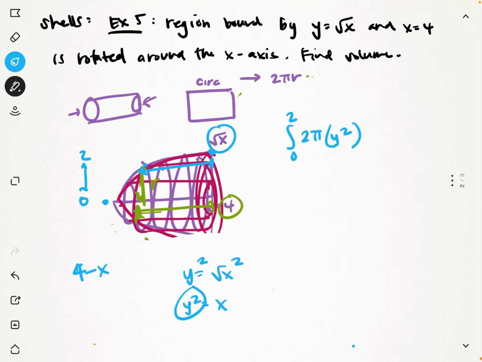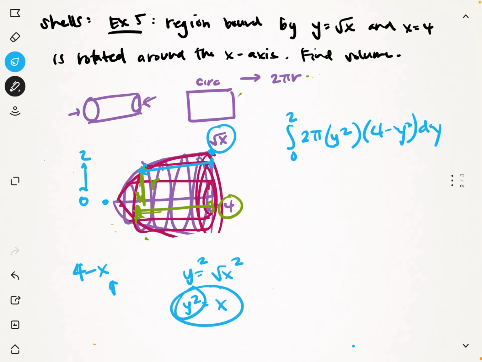We said that before when we were solving in terms of x, but we're going to replace this x because we know x is equal to y squared. So 4 minus y squared dx. Oh, sorry, dy. There we go.